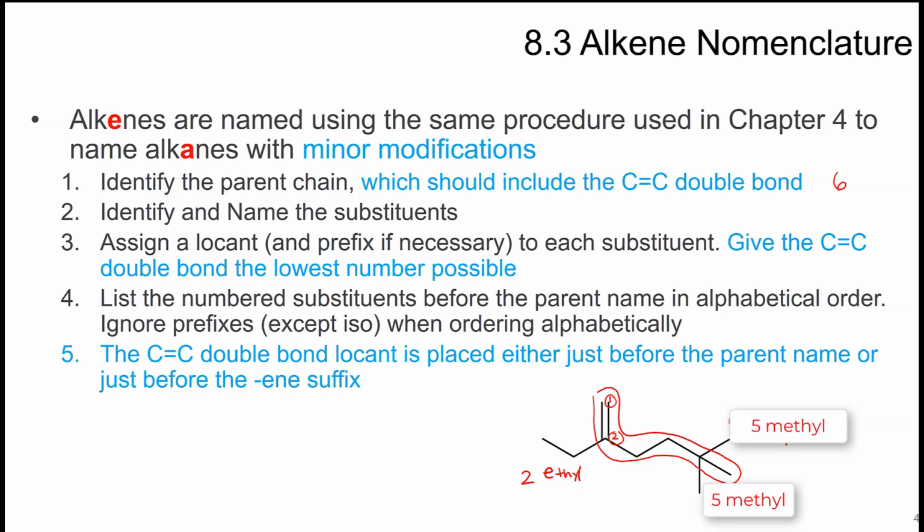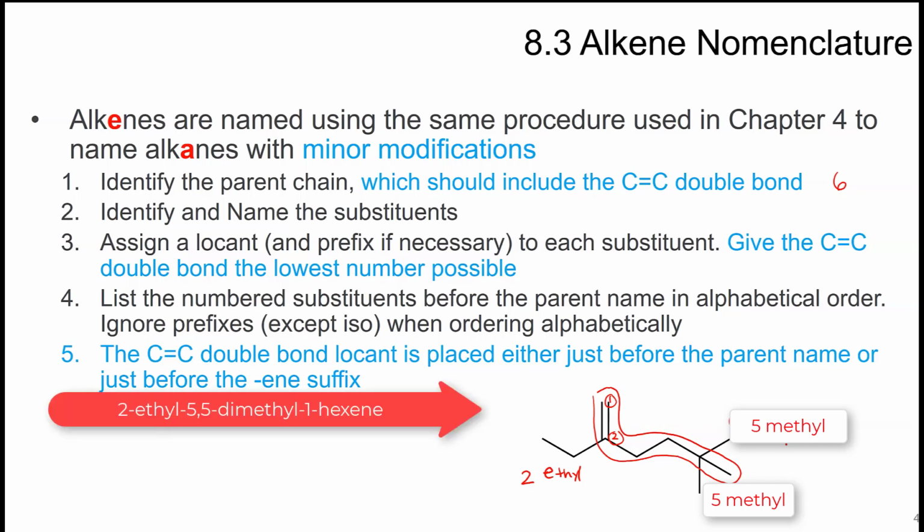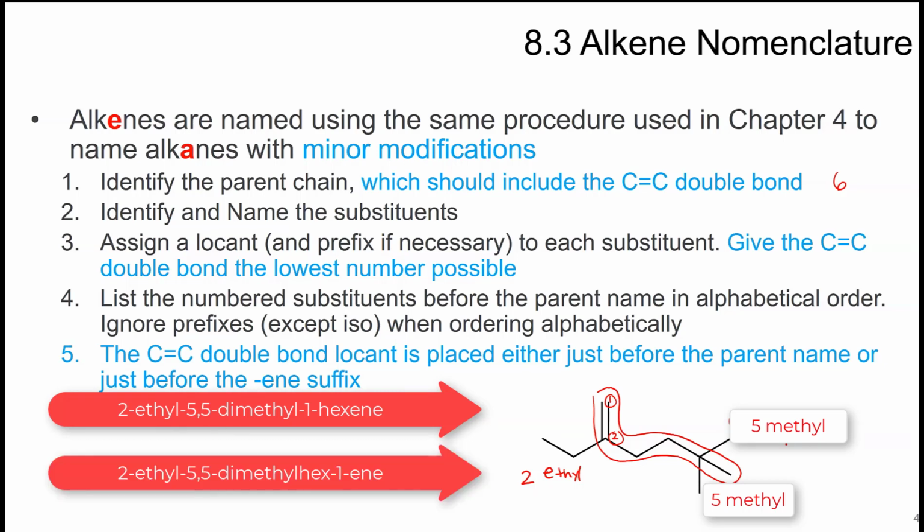Then list them as we did before in alphabetical order. And then we can place the carbon-carbon double bond just before the parent name or just before the -ene suffix. This would be 2-ethyl, 5,5-dimethyl, 1-hexene. Or 2-ethyl, 6,6-dimethyl, hex-1-ene. So either of those are correct.